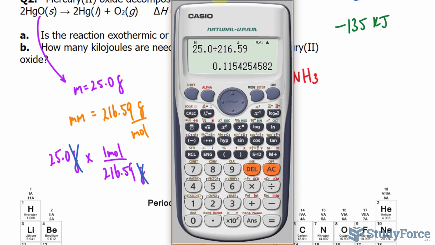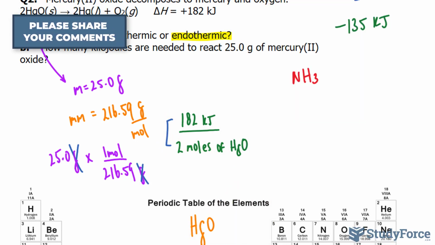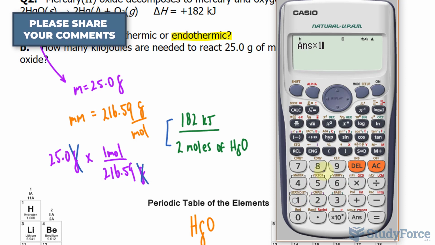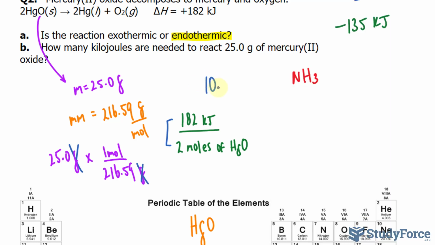And just as before, we'll take this number and multiply it to this ratio. So this number times 182 divided by 2, and that's the amount of energy in kilojoules needed to react 25.0 grams. So to three significant figures, 10.5 kilojoules.